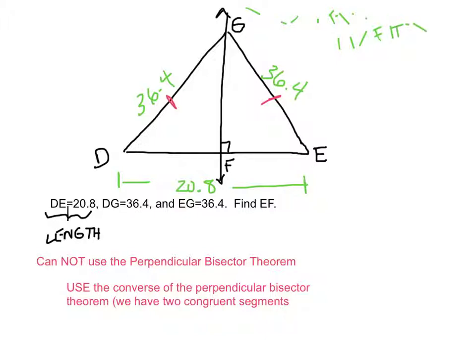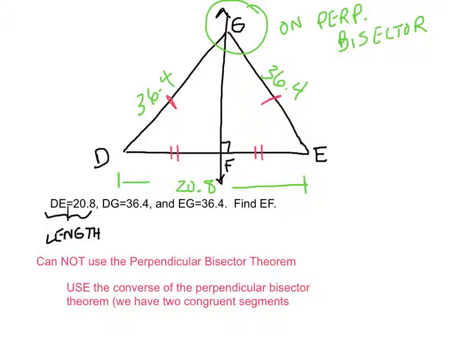This was not given to us. We got this because of the converse. Because it's on the perpendicular bisector, then, we know that the line GF is the perpendicular bisector. Meaning that it cuts the line segment DE into two congruent segments.